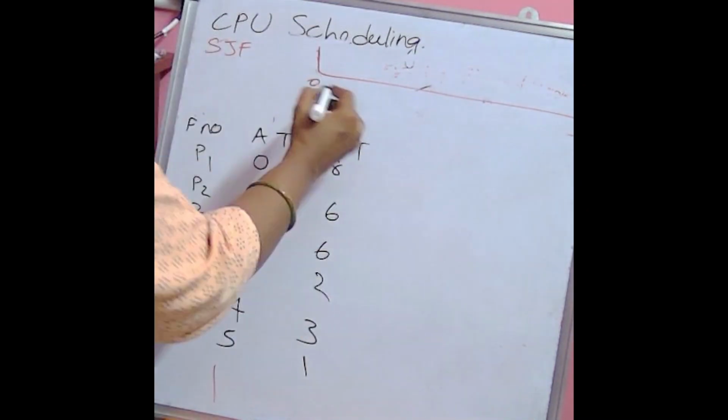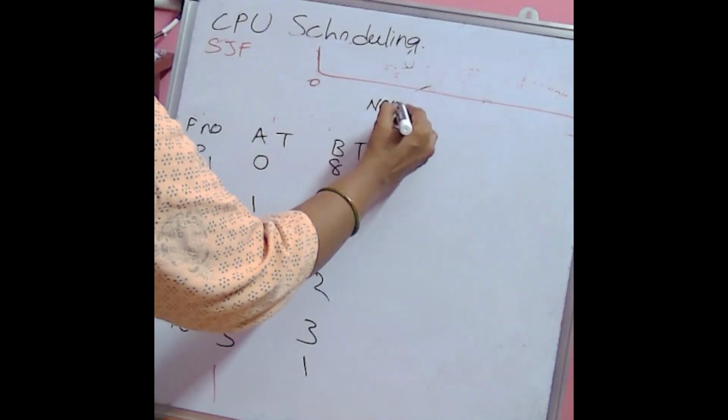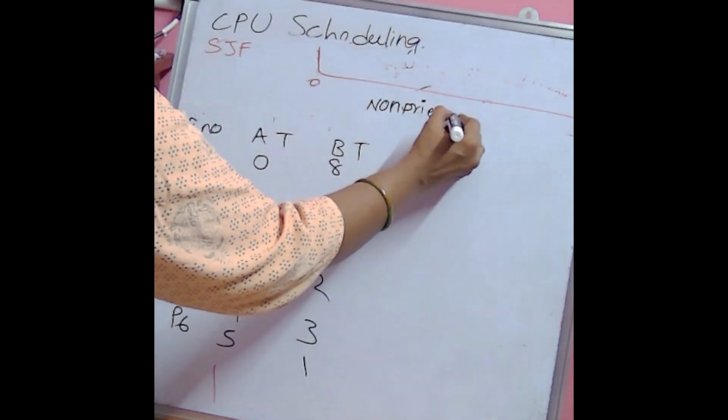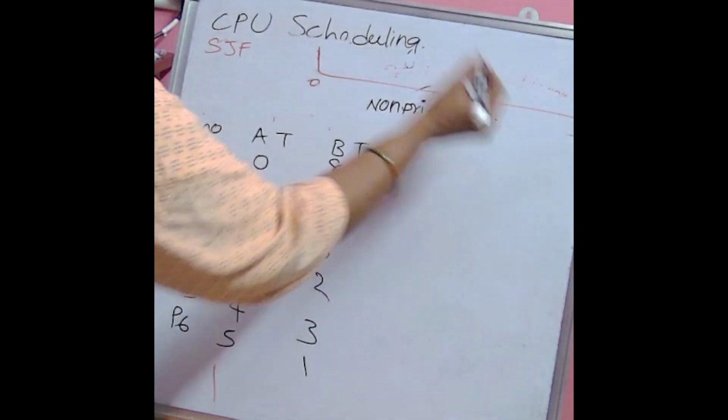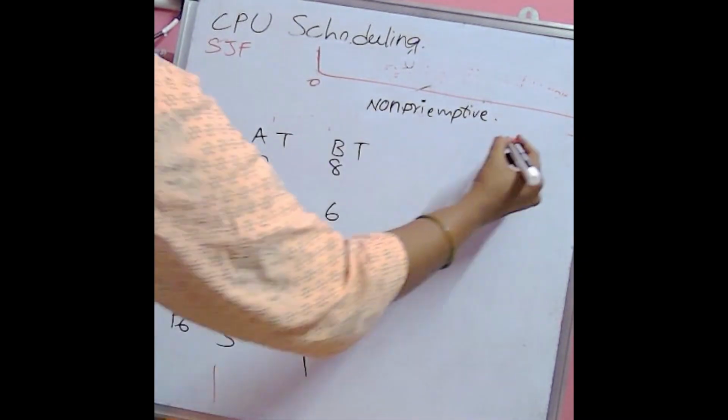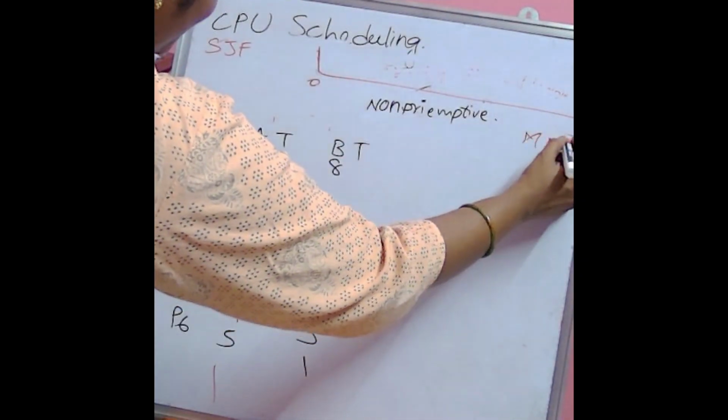Now we'll start with the non-preemptive case. Non-preemptive means once the CPU is allocated to one process, until the completion of that one, it won't deallocate from that process. Is that clear? Yes, ma'am. So every time we need to check the main memory. How many processes are there?